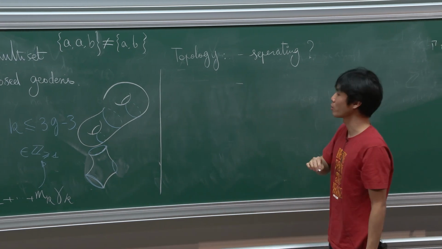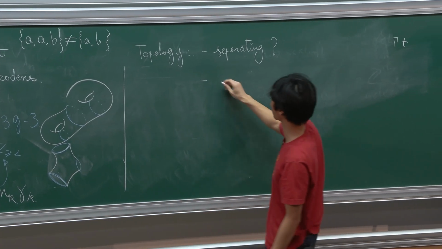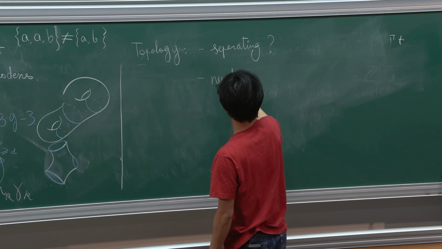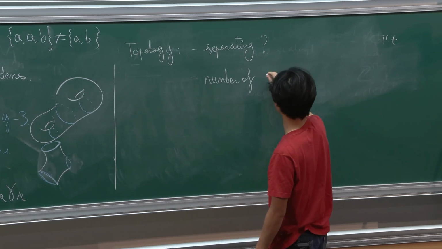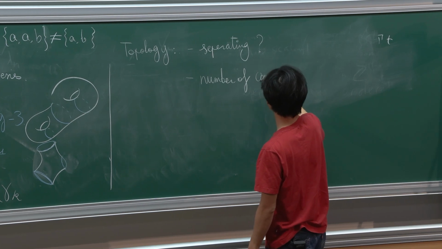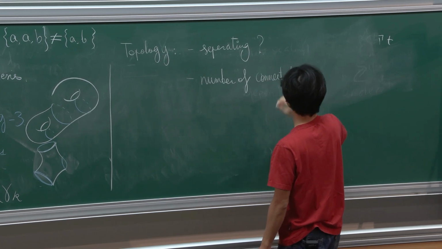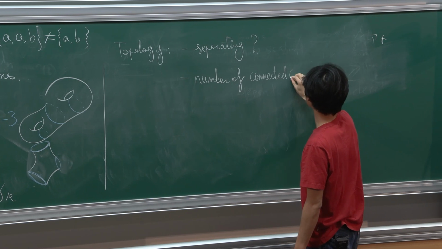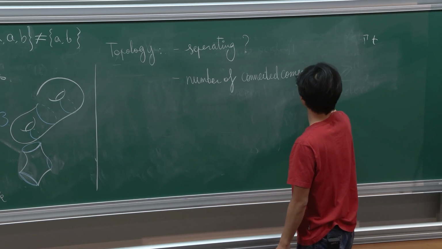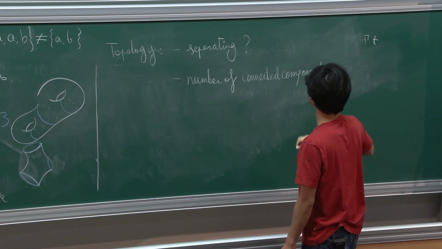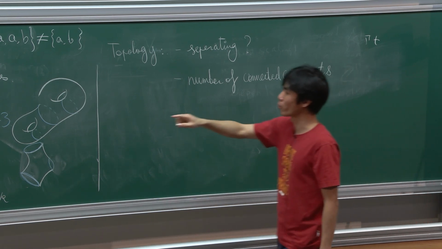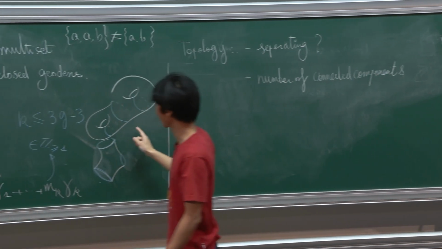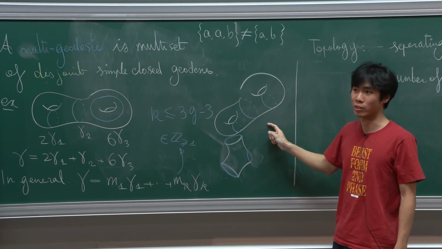But it also has some even richer structure, for instance the number of connected components. There are actually many other things, but I'll keep them as simple as possible. The number of connected components, for example for this one and also this one, is 3. You have 3 different connected components.